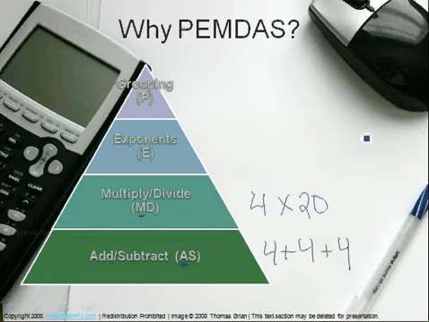Now further, when we have exponents, if we have 4 times 4 times 4, okay? These 4 people email 4 people, and these 4 people email 4 more people.